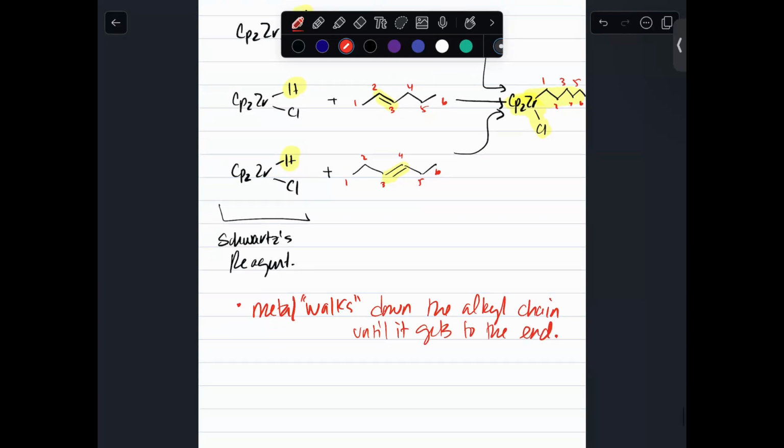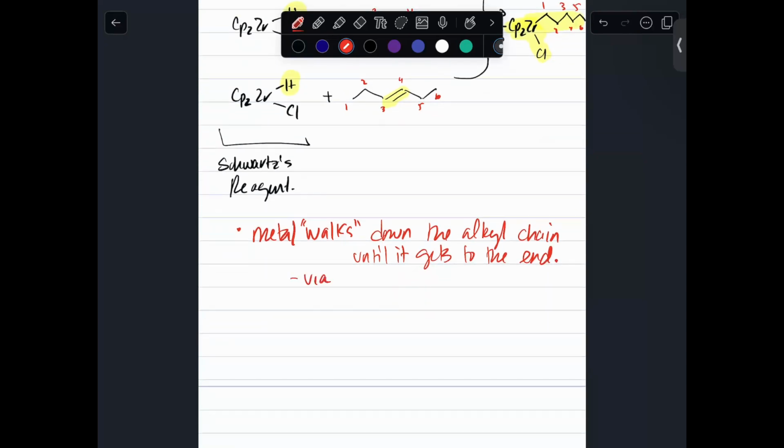And it does it via beta hydride eliminations and migratory insertions.